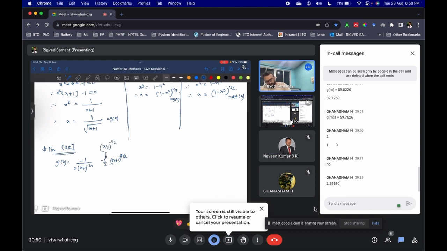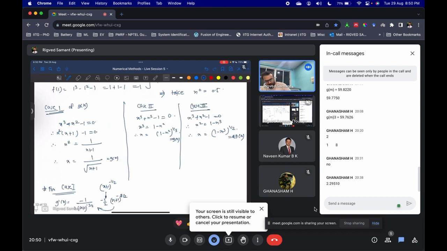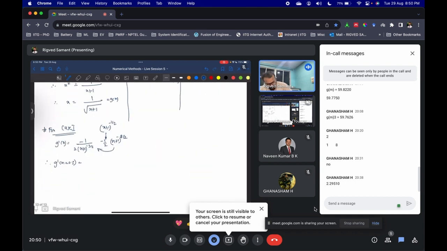If you get this thing, this can be written as this. This is the first one. So you will put x is equal to 0.5. You have considered x naught is equal to 0.5, right? So g dash of x0 is minus 1 divided by 2 into 0.5 plus 1 raised to 3 by 2.